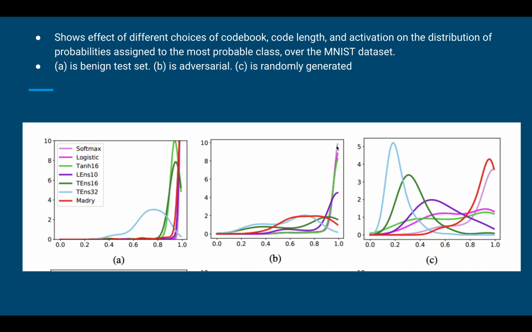Even when the examples are adversarial, softmax is still usually over 90% certain that the most probable class is the correct one, whereas 1016 has a much flatter distribution, meaning that it's much less sure on average of the most probable class being the correct one, which is good because this is an adversarial example.